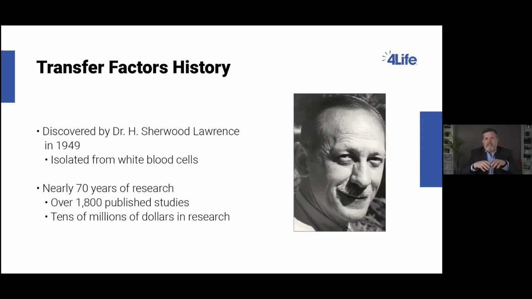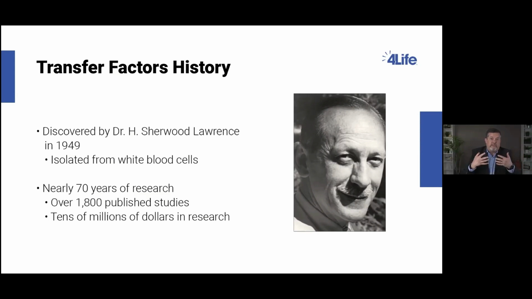And it spawned a ton of research for probably the next 30 to almost 40 years. There was a ton of research done on it. Some claim as many as 3,000 studies. So far, we've been able to track down about 1,800, almost 2,000 of these. I've been able to add those into our collection as a reference on the research that's been done on transfer factors.